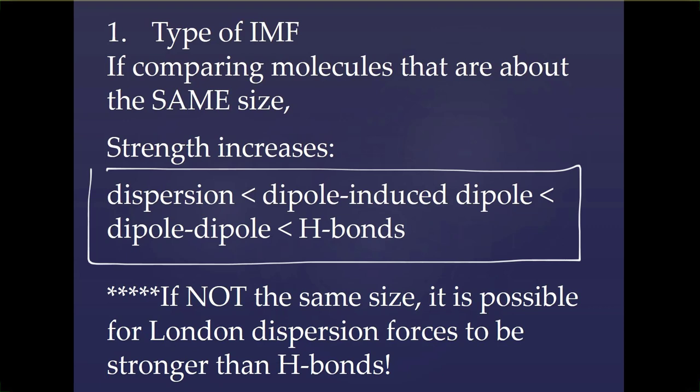If it is not the same size, then you might have to look up what the values are, and looking up the boiling point can give you a clue as to what is the strongest, because it is possible that there could be enough dispersion forces that can be the strongest intermolecular force between molecules, and even stronger than hydrogen bonding. So again, if it's the same size, you can use this as a general guide, or if you have something bonded to itself.